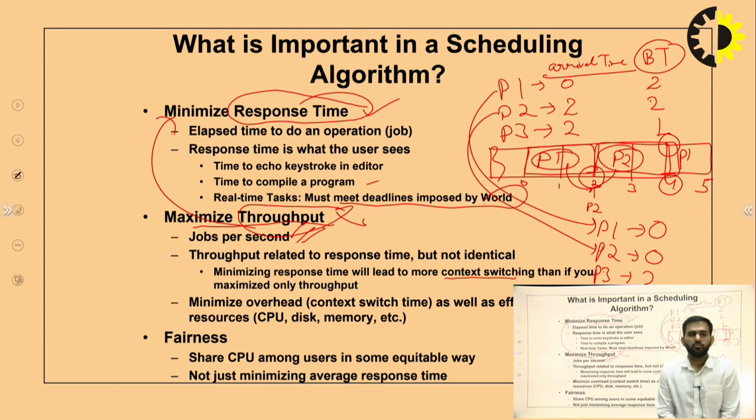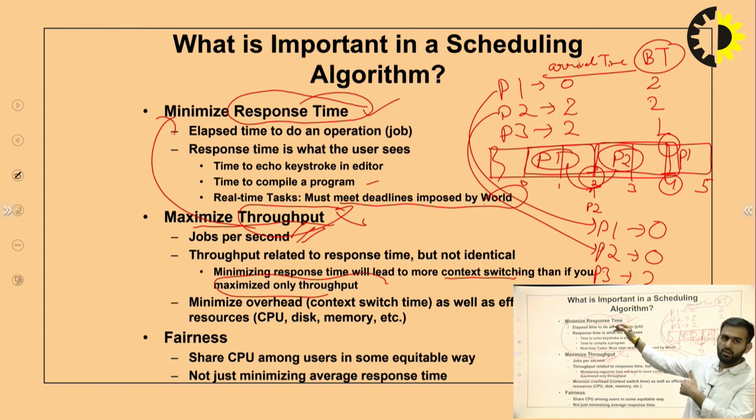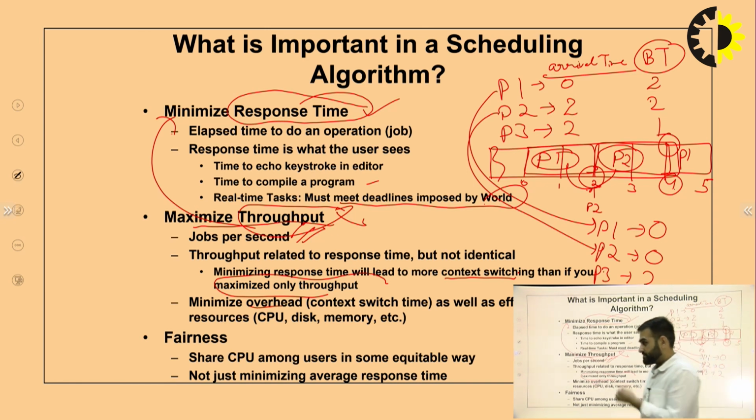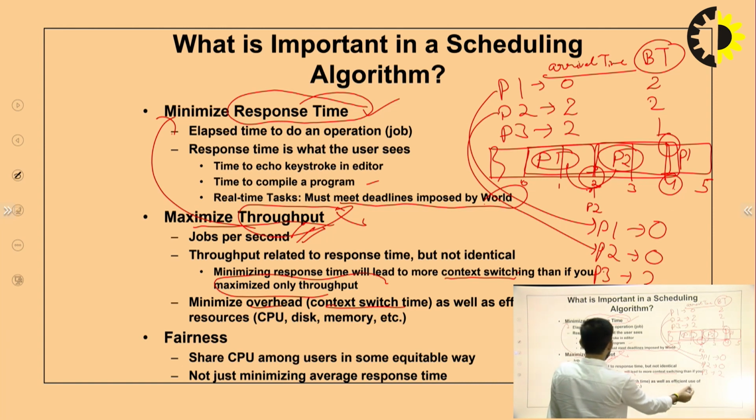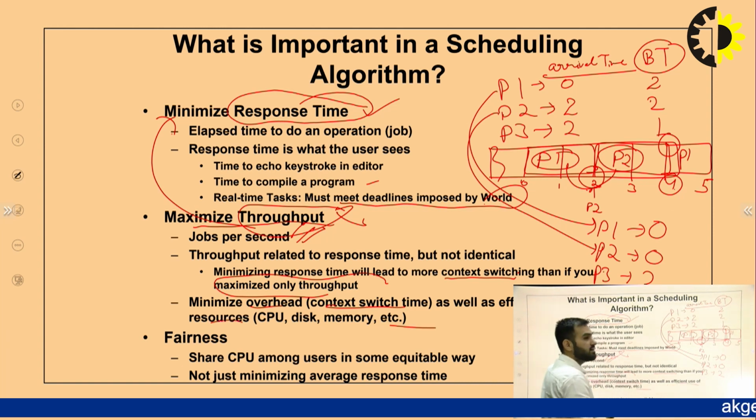These are related. Next is to minimize overhead, the context switch time, as well as make efficient use of resources like memory, CPU, disk, and so on, maybe other resources like a printer or some other external device.